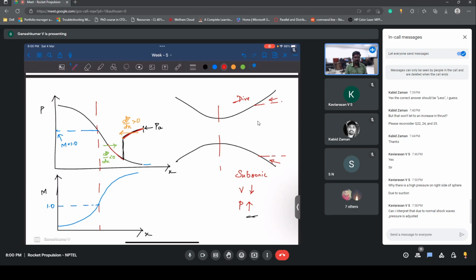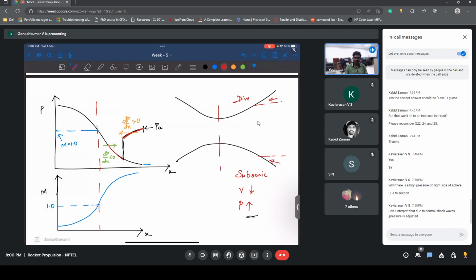So it's like you are going and hitting a wall. If you know the wall is ahead, you will take a turn and go. Now you have to go and hit the wall. When you hit the wall, suddenly your velocity goes from very high to zero, or let's say a lower velocity, right? That is what we call a shock: a sudden reduction in velocity, or a sudden discontinuity.